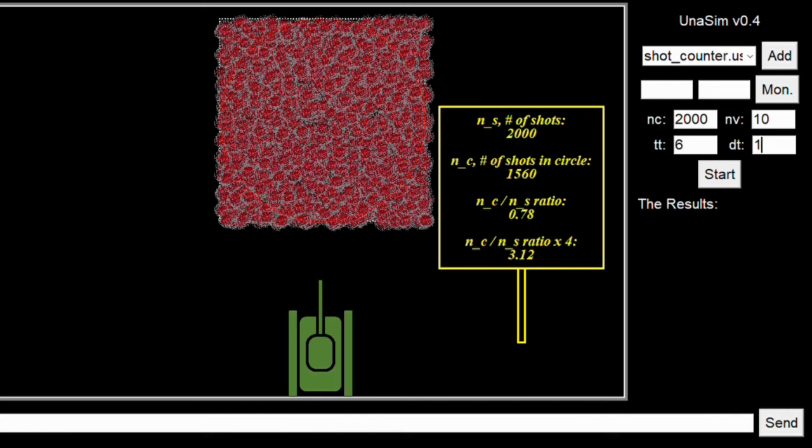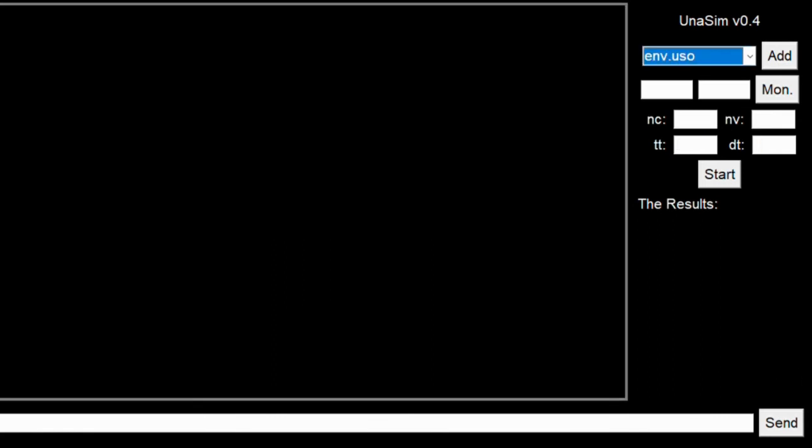If we run the simulation, I don't know, 10,000 times, it will be more similar to the pi number. Let's try it. Okay, right now we will run the simulation 10,000 times. Let's add the tank. Let's add the scoreboard. Now let's enter 10,000. Just the first 10 to be visualized.